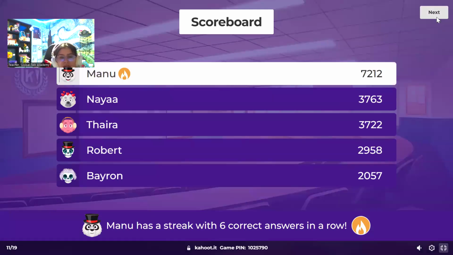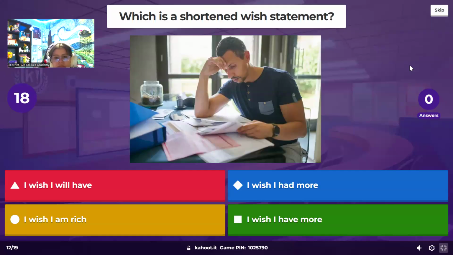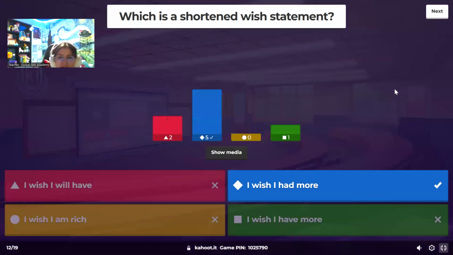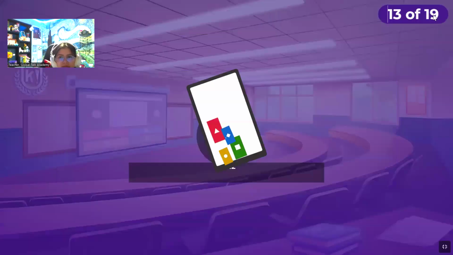So let's go to the next one, 12, which is a shortened wish statement. So I wish I will have, I wish I am rich, I wish I had more, I wish I have more. Okay, I wish I had more. Excellent.